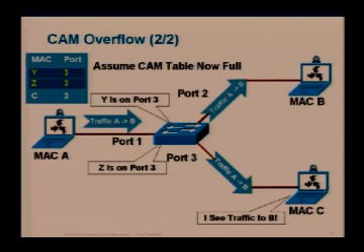And he can't find B in the CAM table. So what does the switch do? It floods the packet to all the 100 ports, right? And that way this guy is able to see the traffic to B, which he was not supposed to see in the first place. So by launching a simple CAM table overflow, which takes less than 5 to 10 milliseconds, trust me, he can see all the traffic that he's not supposed to see.